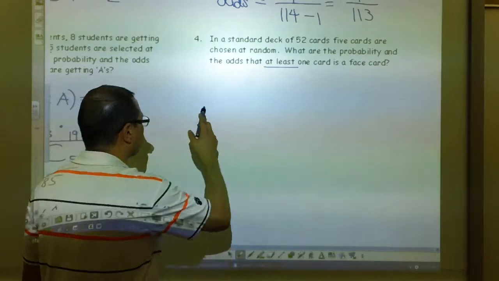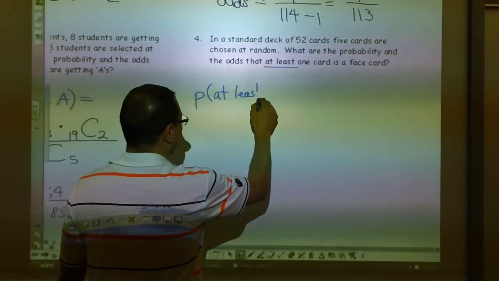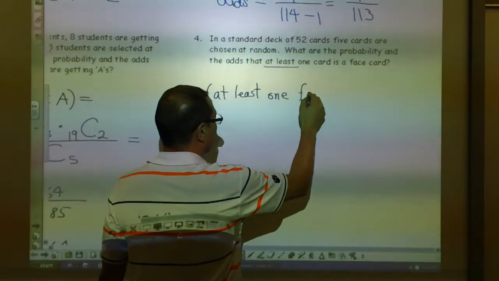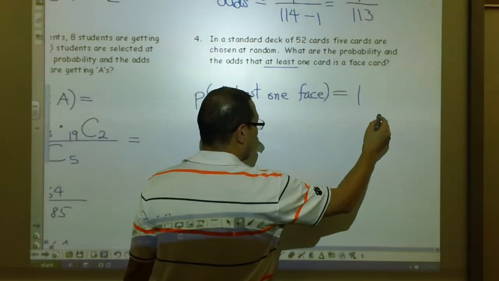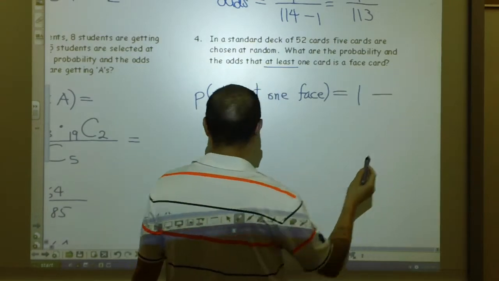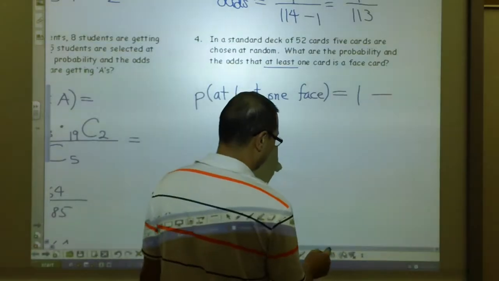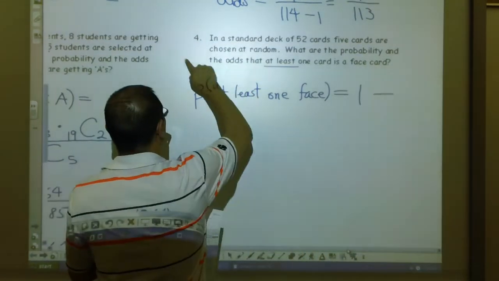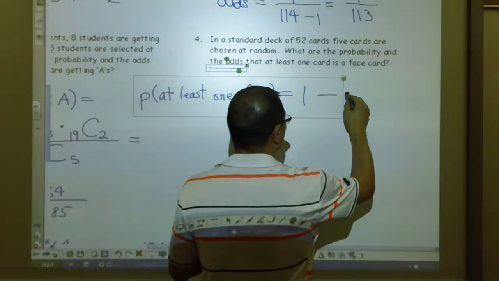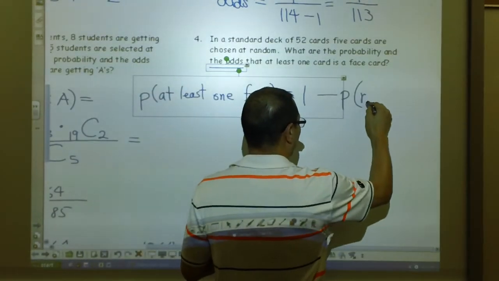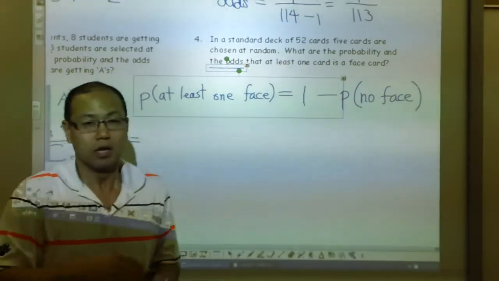So we could think of this problem of probability of getting at least 1 face card as 1 minus the probability of getting absolutely no face cards, okay?